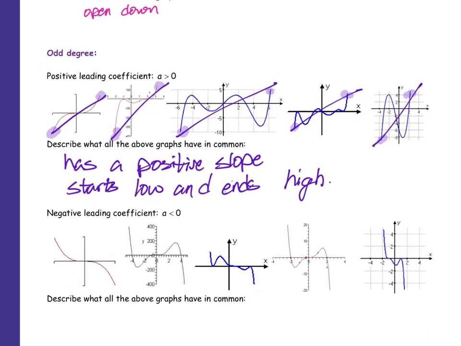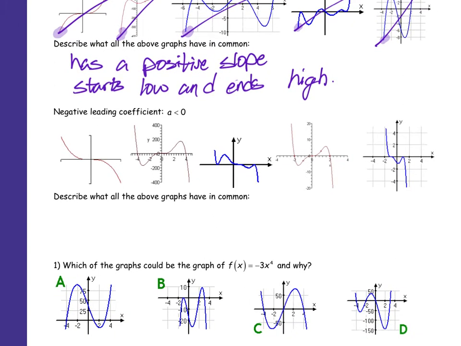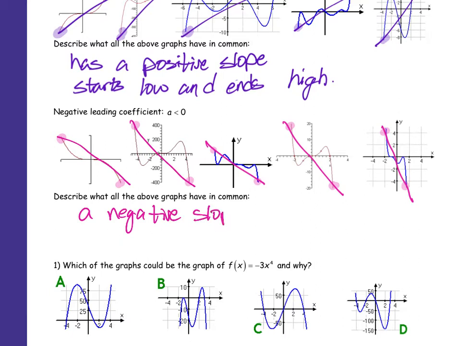And then, of course, if I go to the negative coefficient, same thing, odd degree with a negative coefficient, and I look at my endpoints only, and I don't pay attention to the things in between, because I'm only looking at the behavior of the graph. This time I have a negative slope overall.